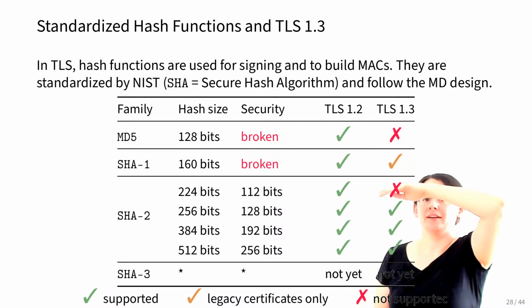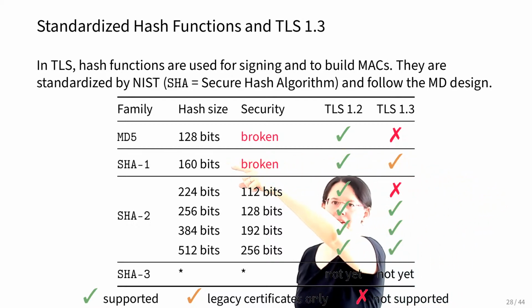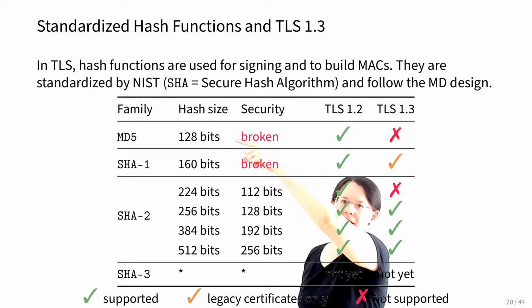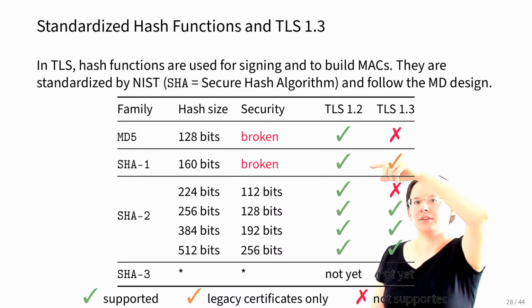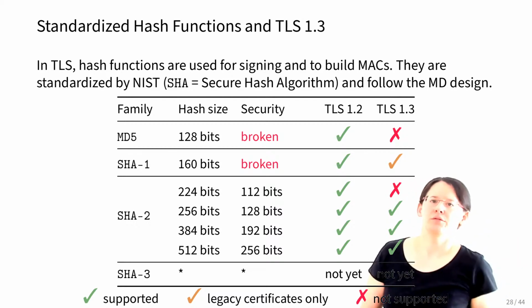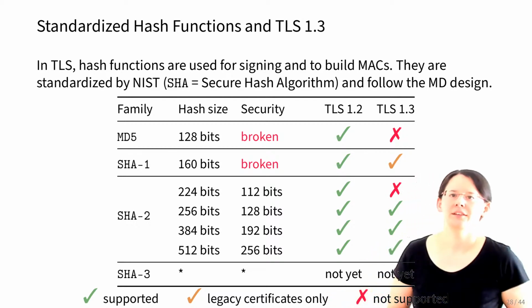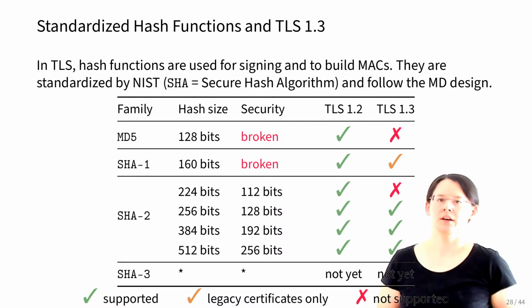We have then the successor of MD5, which is called SHA-1. You see this one already has a bigger hash size, so the original hash size was so small that even for generic reasons it would have to be considered broken. The first academic attacks on this were published right after the previous one, but it took until I think 2017 for a team of researchers to actually publicly produce a collision.